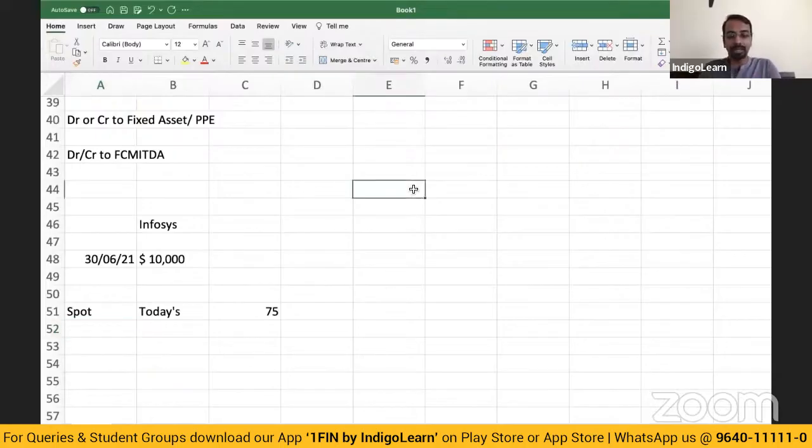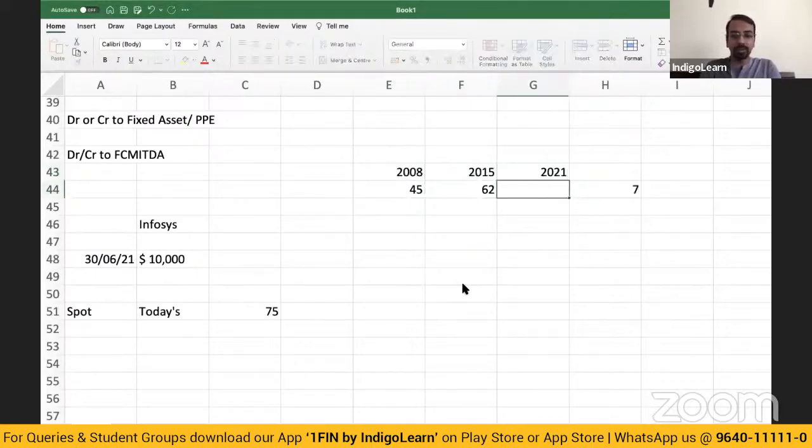I have seen this at 45 around in 2005, 6, 7, and 8. It went up to 62 in around 2015. So this was what was in 2008 around, I don't know exactly the year. This was around 2015, and we are in 2021. It is 75. So over a long-term period, you will see that the Indian currency is depreciating.